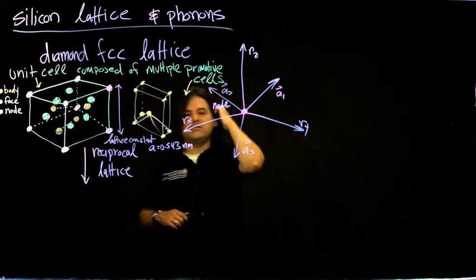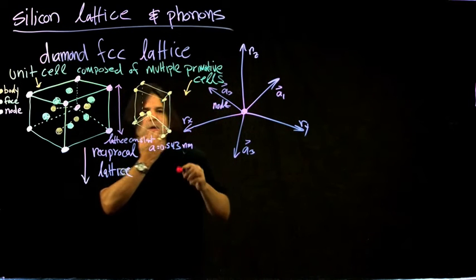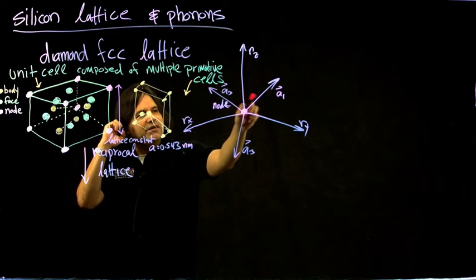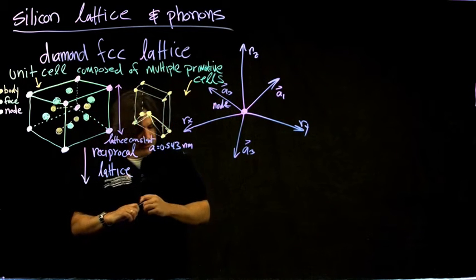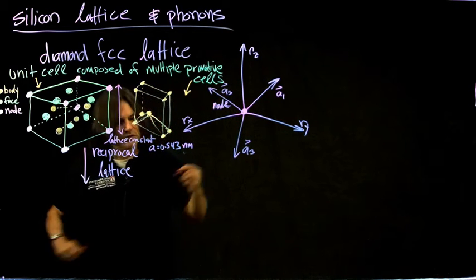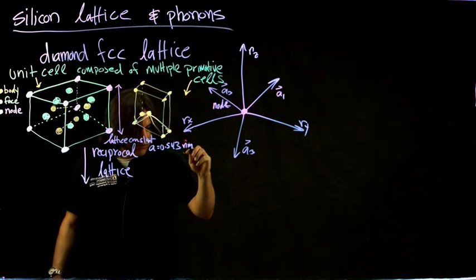And then if we go to reciprocal space, we'll find new vectors B by taking the reciprocal.